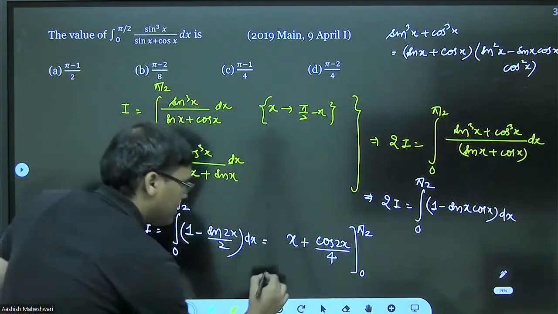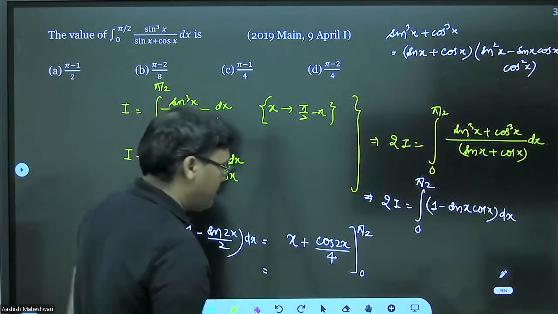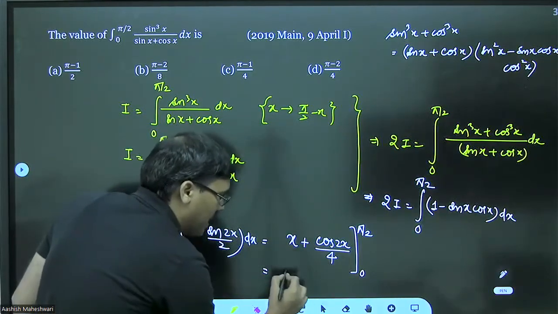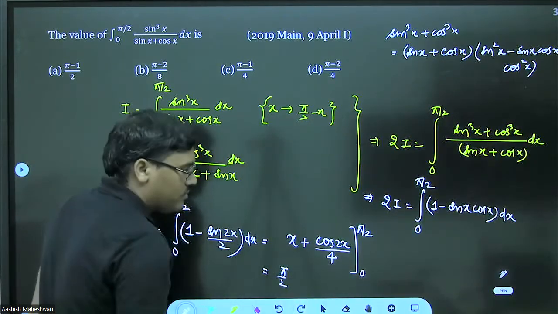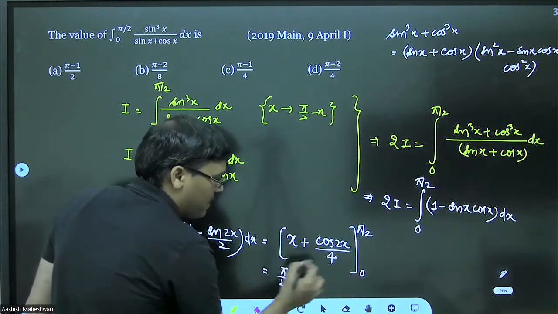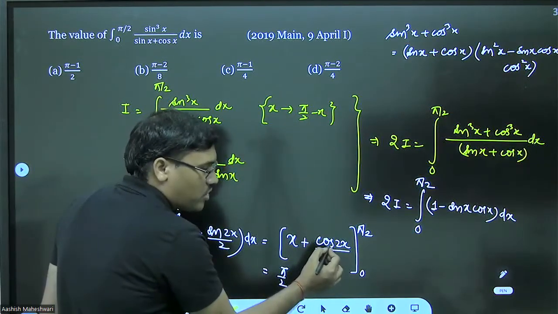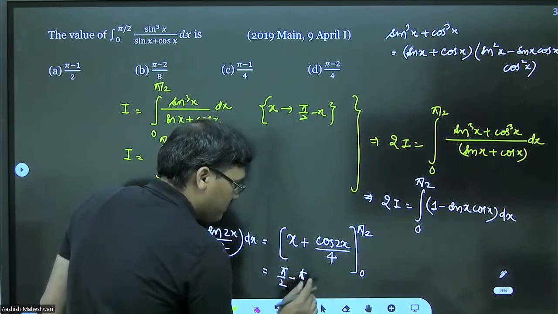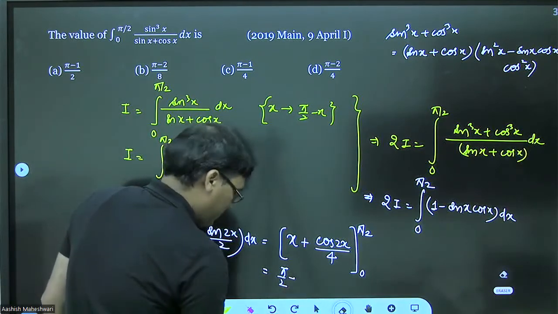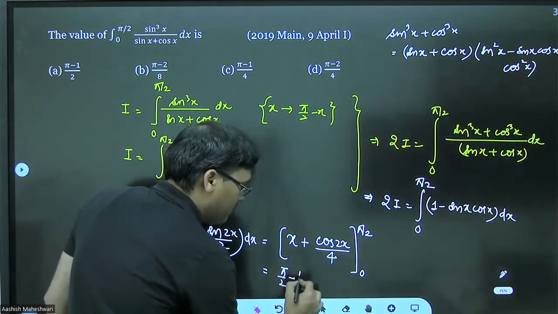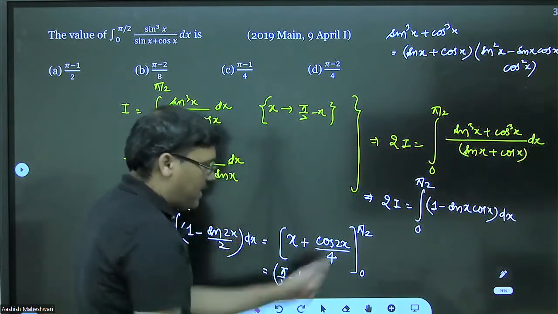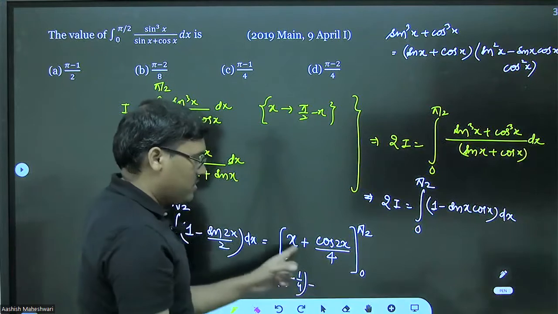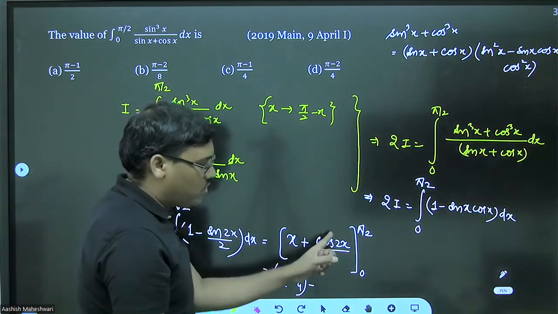If I put pi by 2 here, this will be pi by 2, plus cos pi divided by 4. What is cos pi? Minus 1. So this is minus 1 by 4 at pi by 2. At 0, if I put 0 here, this is 0, and this will become cos 0, which is 1.